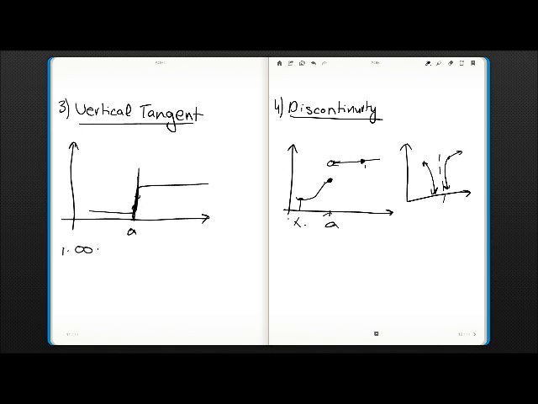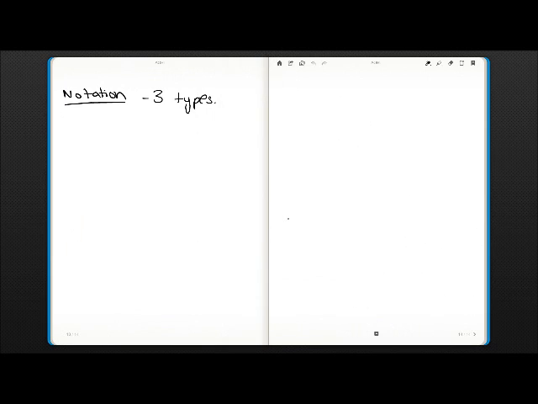Since we're done talking about differentiability, let's go to the last part, which is notations. There are three notations. The first one is m of x, which you have seen. You would put m of x equals the limit as h approaches 0 of f at a plus h minus f at a, all over h.